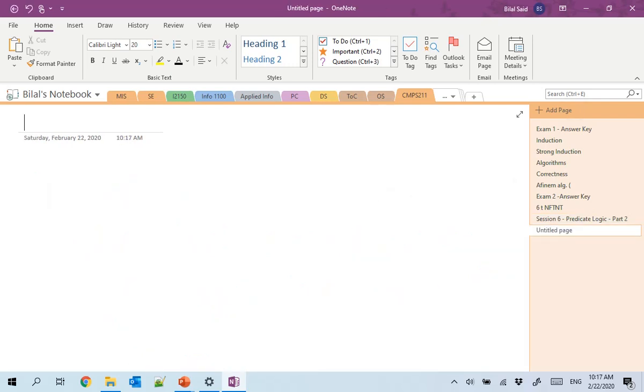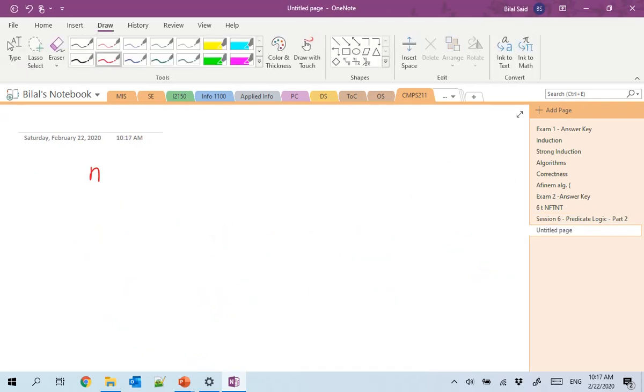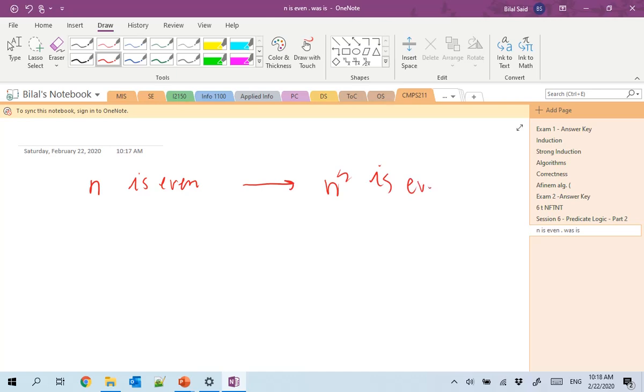So we want to start from n is even, and we want to check that n squared is even, which must be necessarily true.